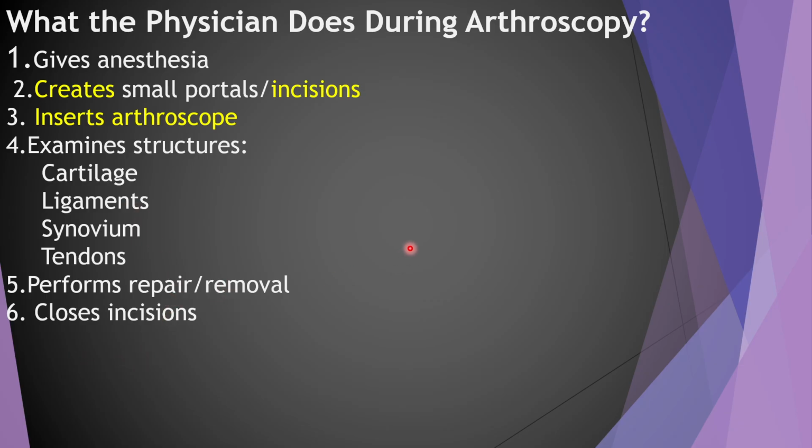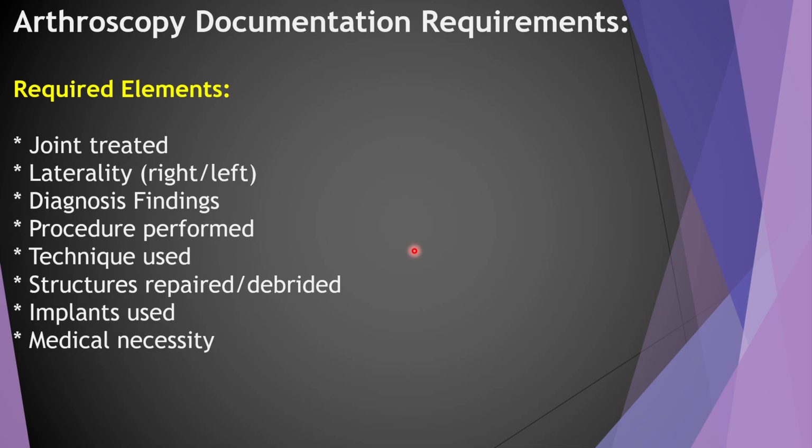Okay, now next. So basically, the arthroscopic documentation, what do we document? First of all, in the documentation we will see which joint has been treated, and after that what the laterality of that joint is.